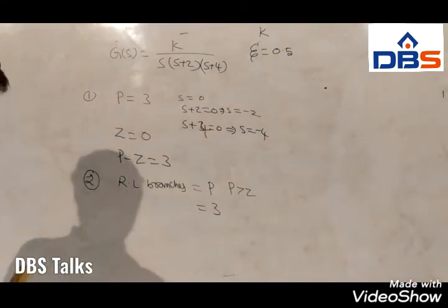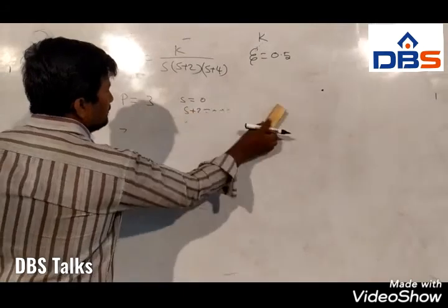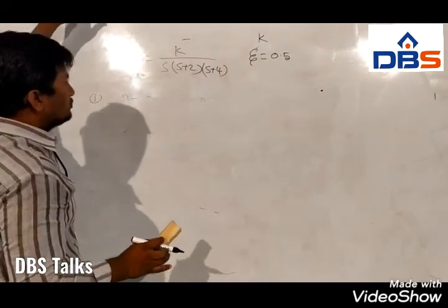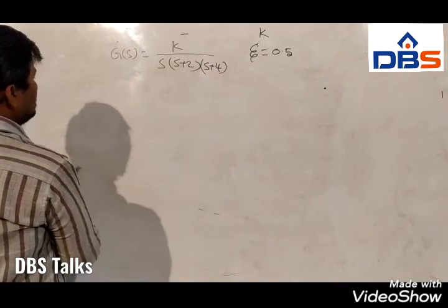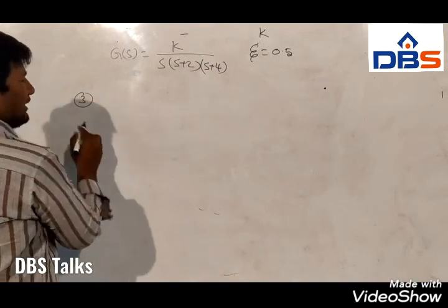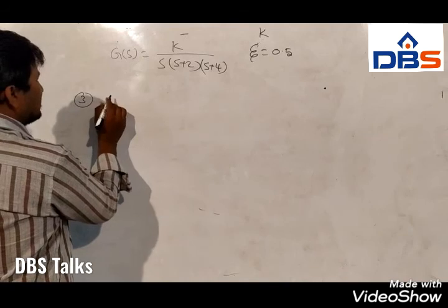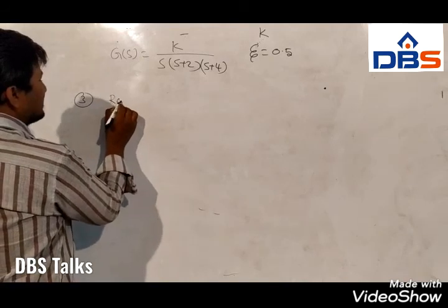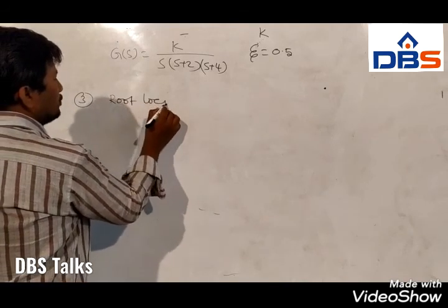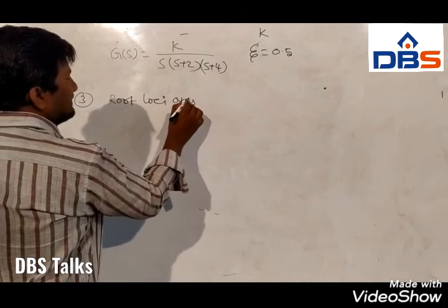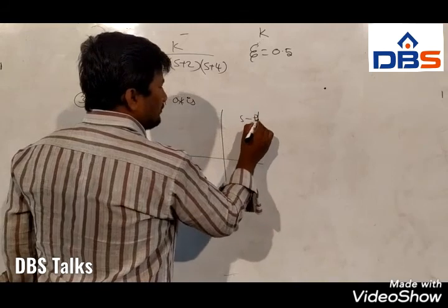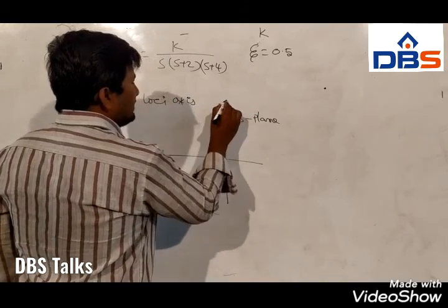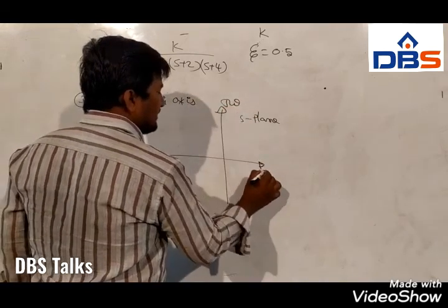And the third one is the root locus on the real axis. So take the s plane. This is the j omega axis, this is the real axis.